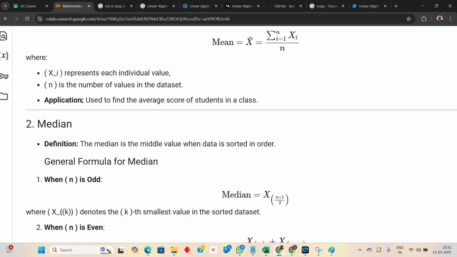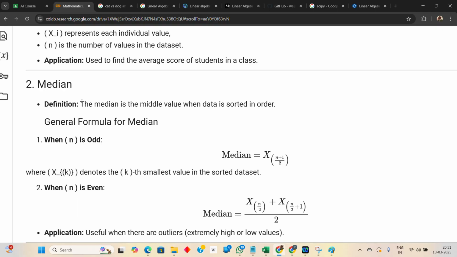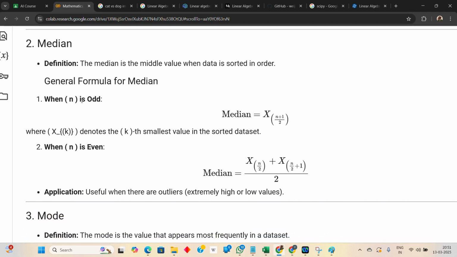Okay. Next thing is median. The median formula you already knew, because it is a concept that came to you in your schooling days, one of the concepts of mathematics.